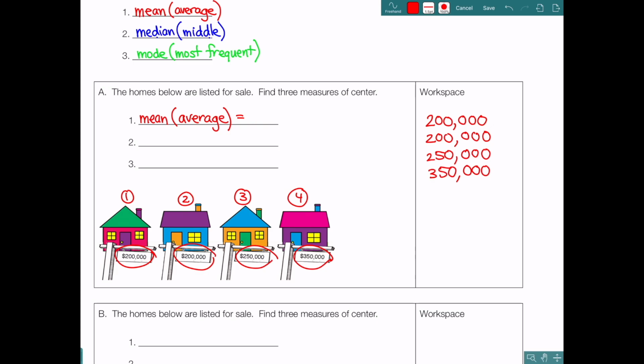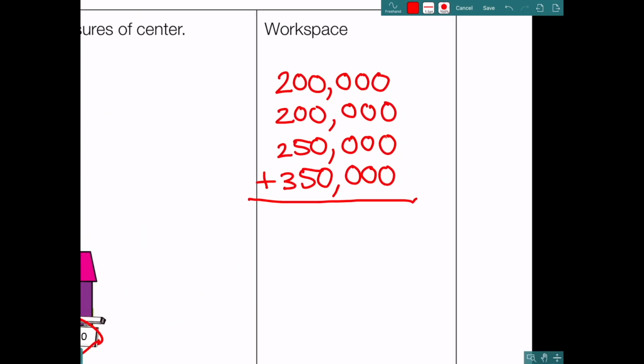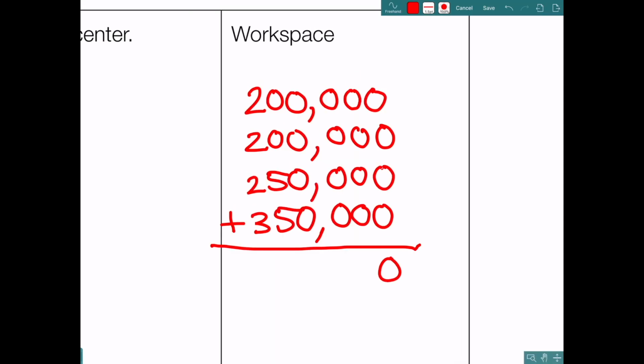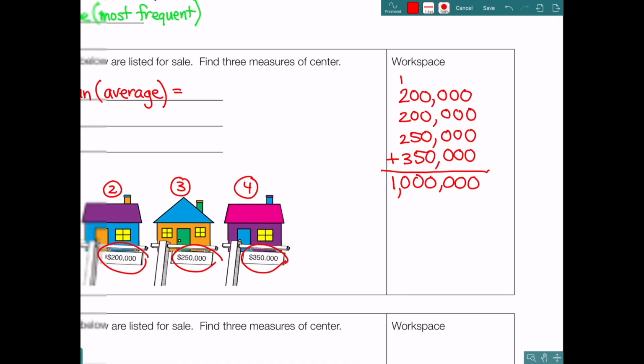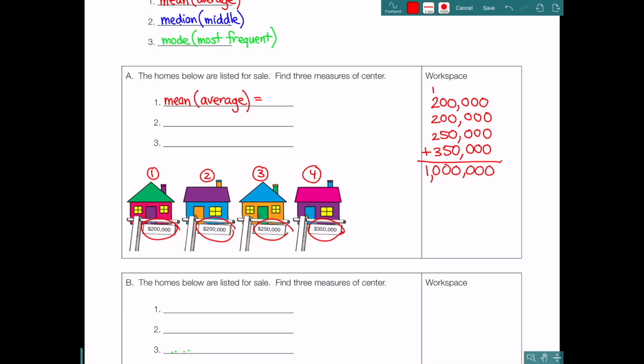Go ahead and do the work on your own. If you added them correctly, you should have $1 million as the total value for all four houses. Now to find the mean, divide by 1, 2, 3, 4.